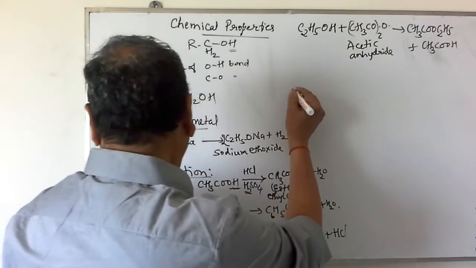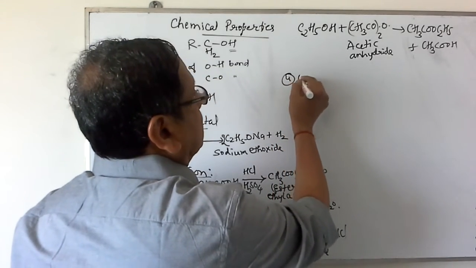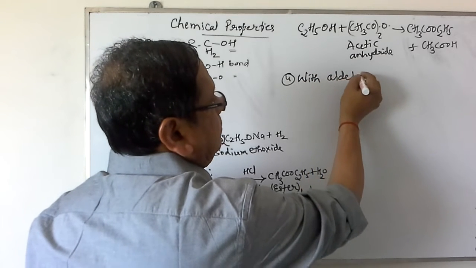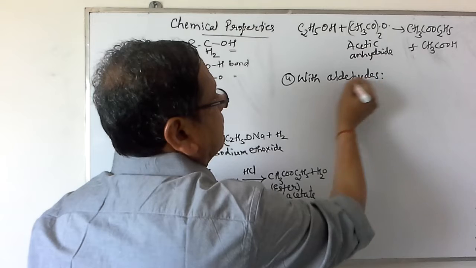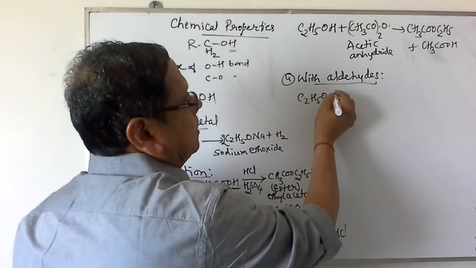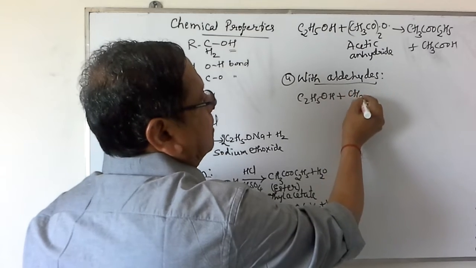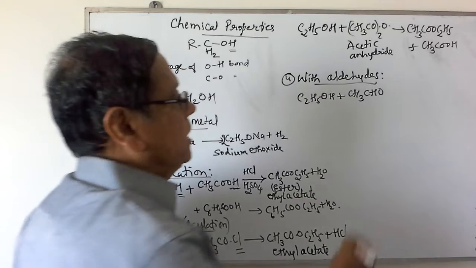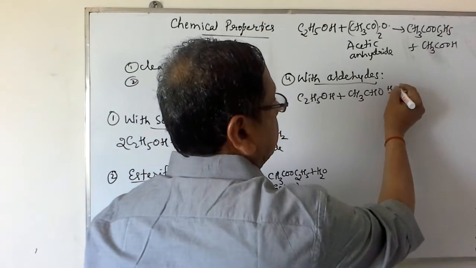The next one is the reaction with aldehydes. For example, when you take C2H5OH and react it with CH3CHO, acetaldehyde, the reaction is carried out in presence of HCl.